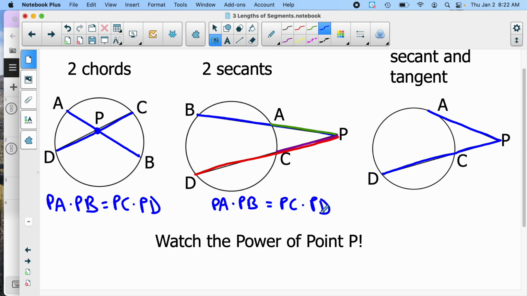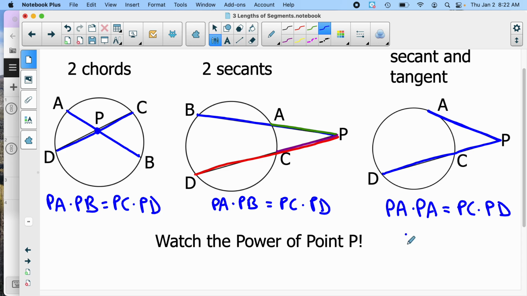Now, you might be looking at the secant and the tangent and saying, well, wait a minute, there's not really 2 segments there. Here's the cool thing about it: think of PA as being like 2 segments in one. So it's really PA times PA equals PC times PD.